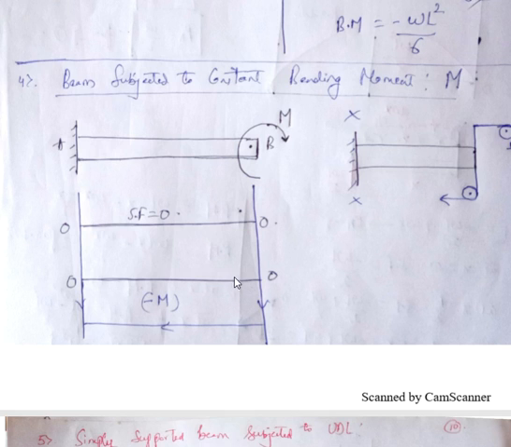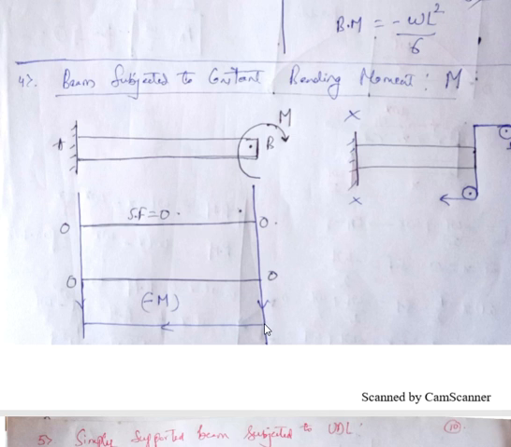If you look at this bending moment diagram, this is a zero line which represents zero bending moment, and since it is bending the beam in downward direction, if I take this as a cross section, with respect to this cross section the beam is bending downward. When the beam is bending downward, the bending moment is negative, so we take the bending moment in downward direction, and its value is going to remain constant, that is minus M, which we are applying here.